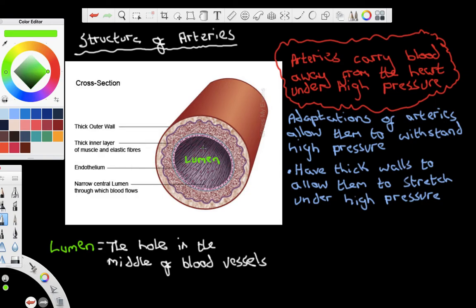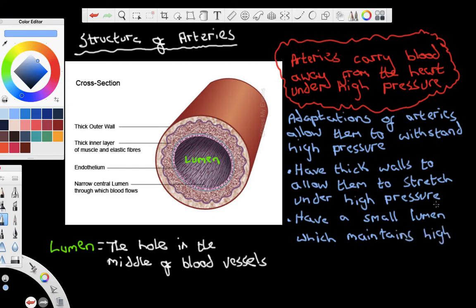Now, arteries have very small lumens which maintain a high pressure. So they have a small lumen which maintains high blood pressure.